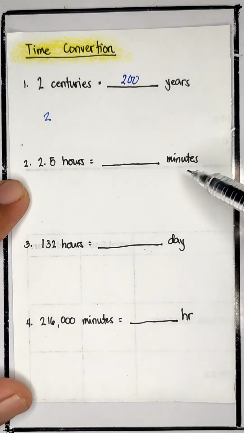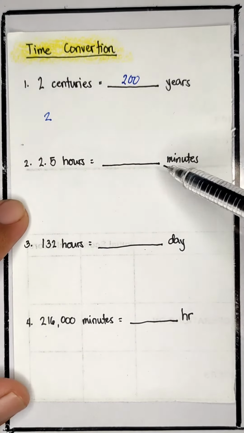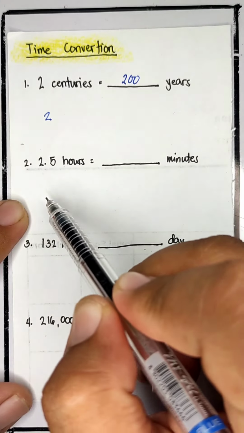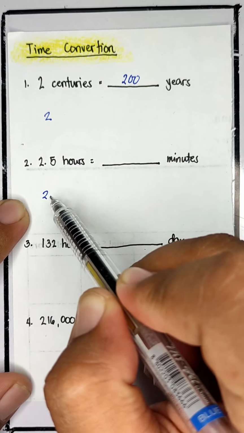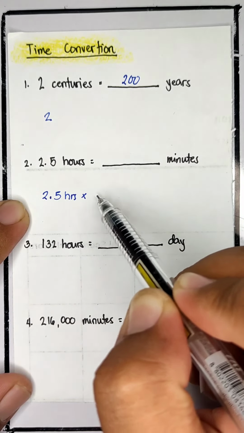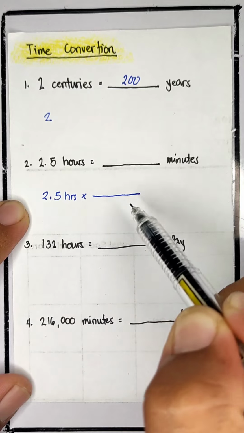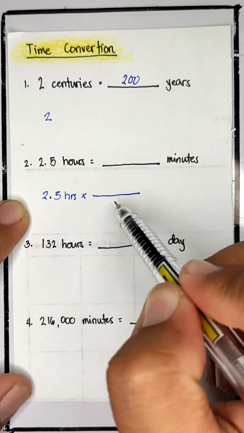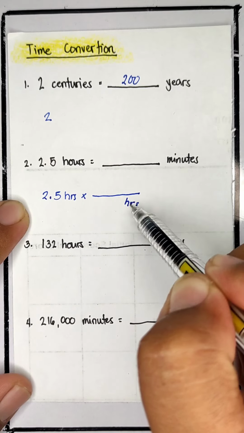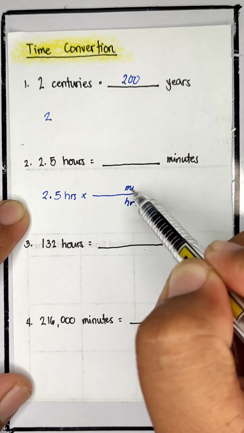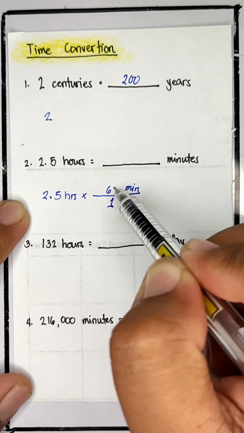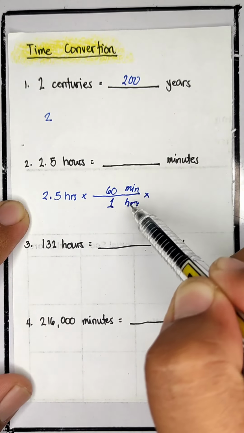2.5 hours to minutes. 2.5 hours times minutes per hour. 1 hour, 60 minutes.